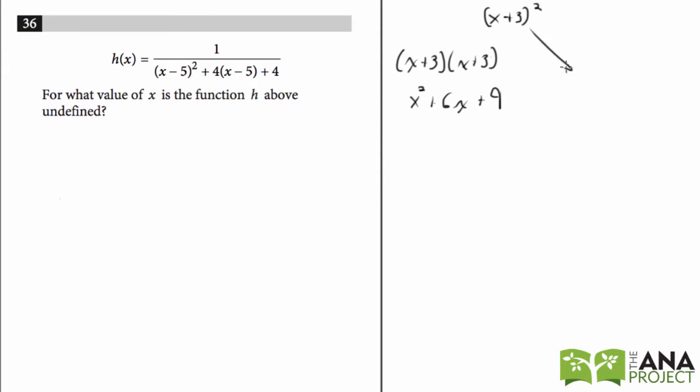So basically what we're doing is the first term is squared, and then the first term times the second term, x times 3 would be 3x, and we would double that, and then we would square the last term. So whichever way you want to do it, if you want to use FOIL or use this method, this is a perfect square.